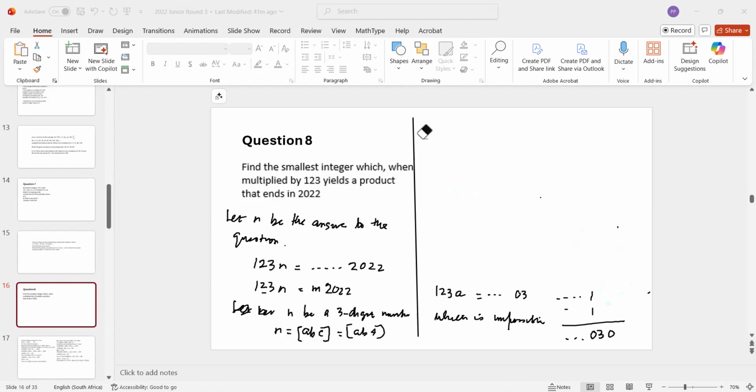Okay, then you got 4 digits, which you're going to call A, B, C, D. So let n now be a 4-digit number. Then we can write n as 4 digits.